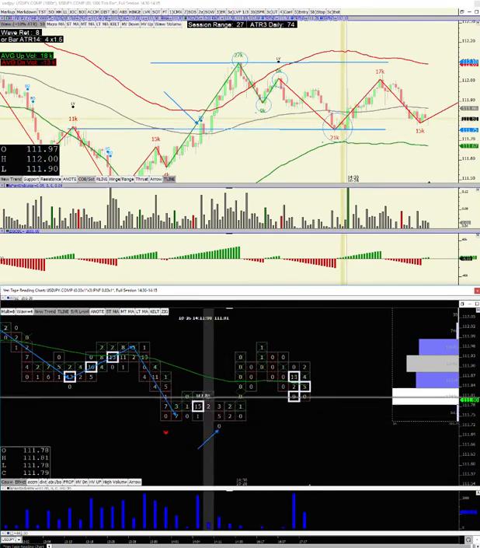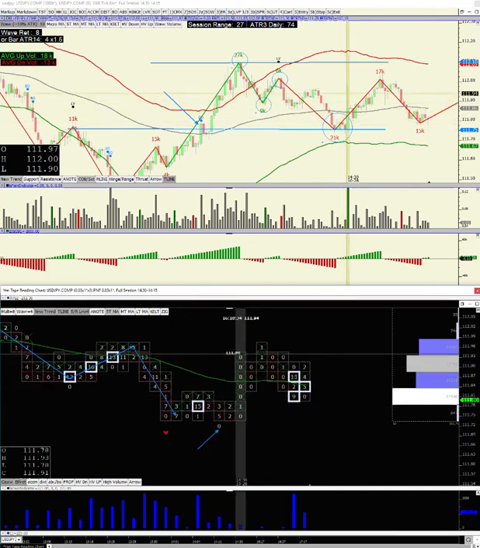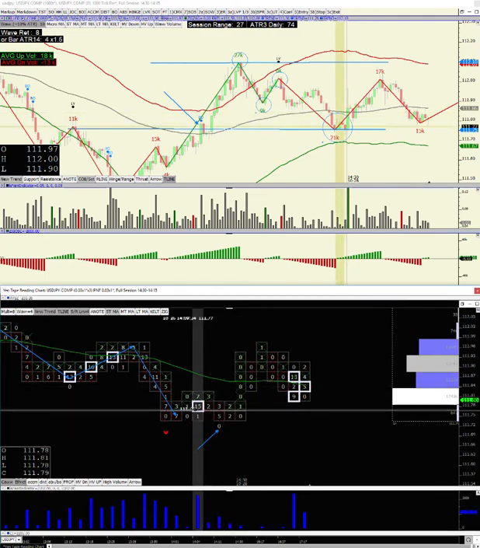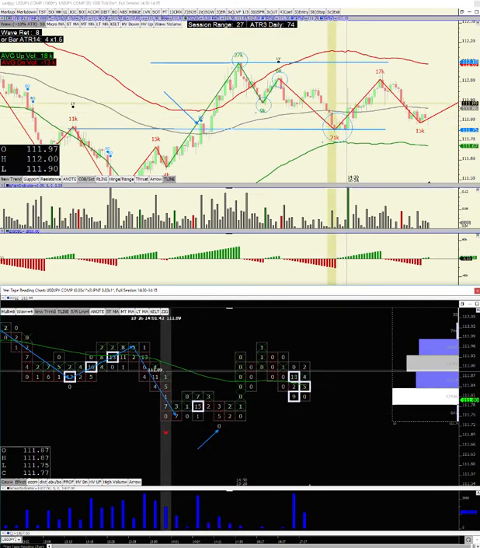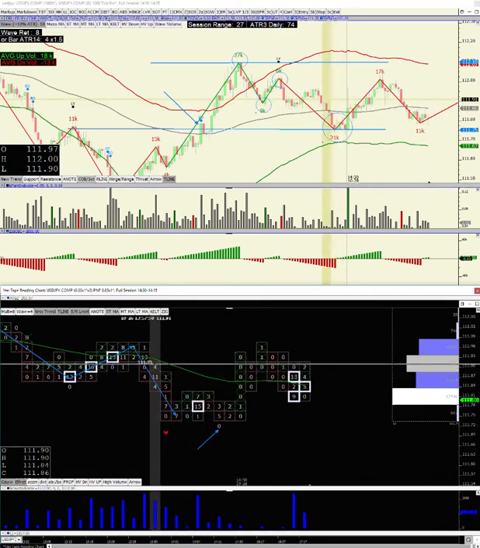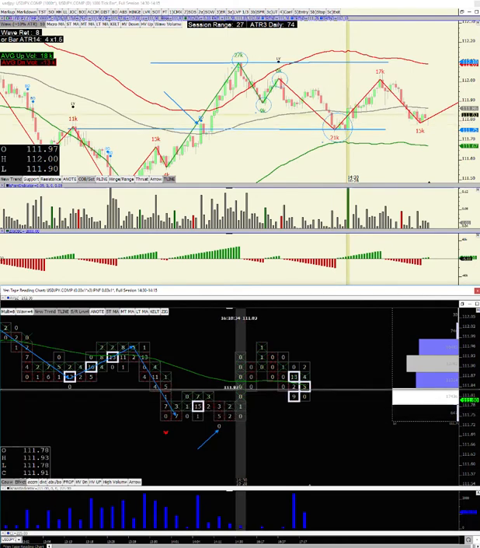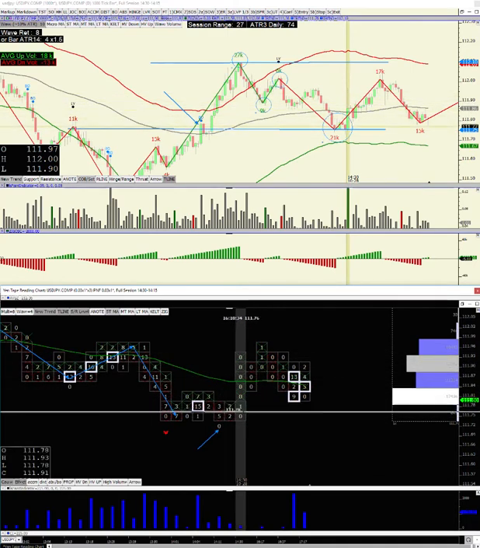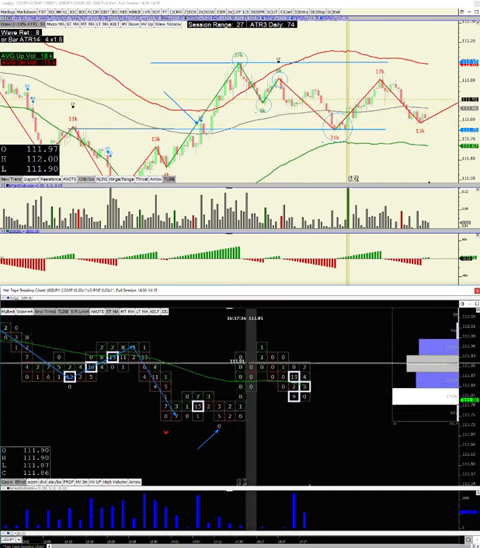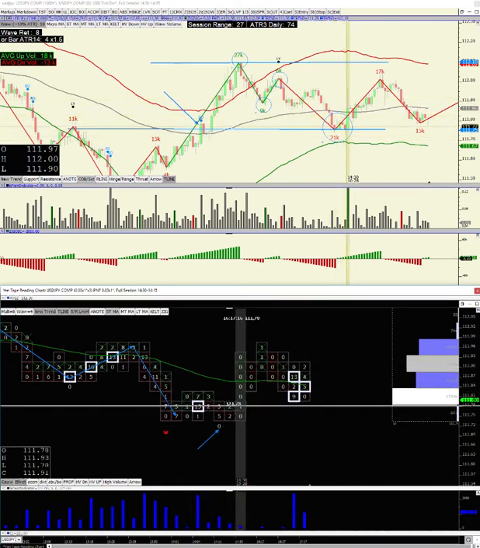And then you have this: 1, 2, 3, 4, 5, 6, 8. It breaks out above 8 highs or 8 columns, and it's a big bar. It's a thrust. You could say it is a breakout of a smaller region.